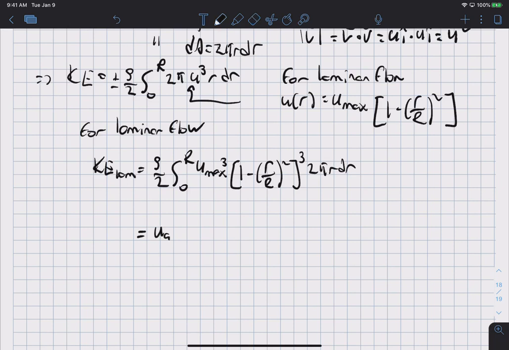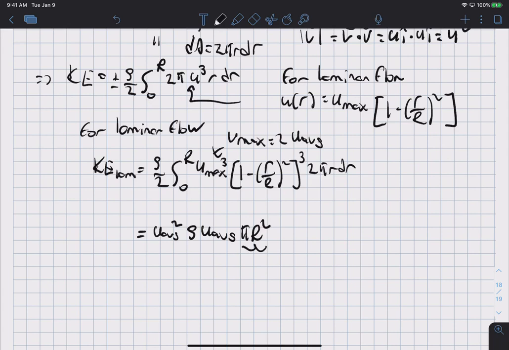u average squared, and u max equals 2 times u averaged. Okay, and if you substitute in for u averaged and do the integral, it's a straightforward integral. You'll get u averaged squared times rho times u averaged times pi R squared.